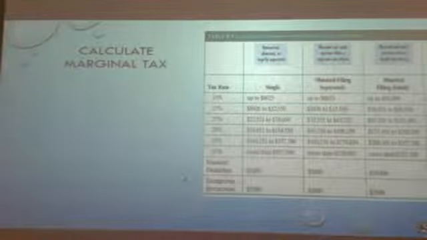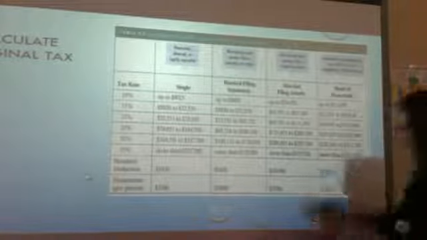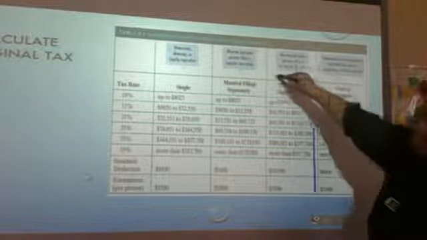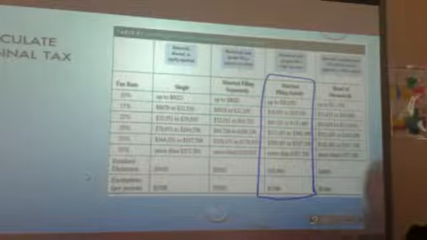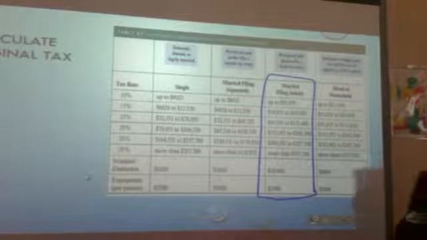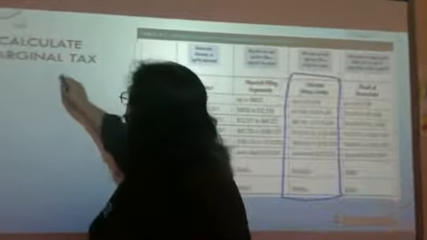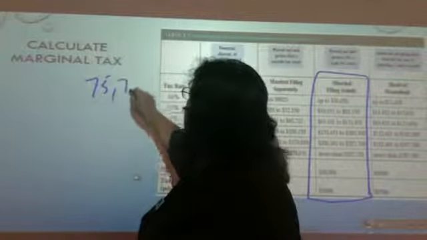So now we have to do a little bit of math work. We're looking at the table. Again, we're going to use this column right here because they're going to be married filing jointly. And our amount, let me go back and get the amount, $75,700. So keep that in mind. $75,700.